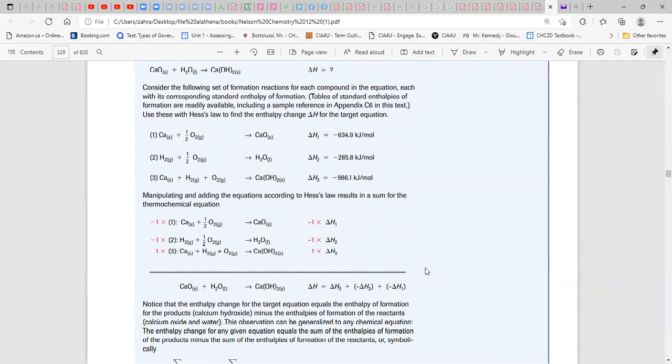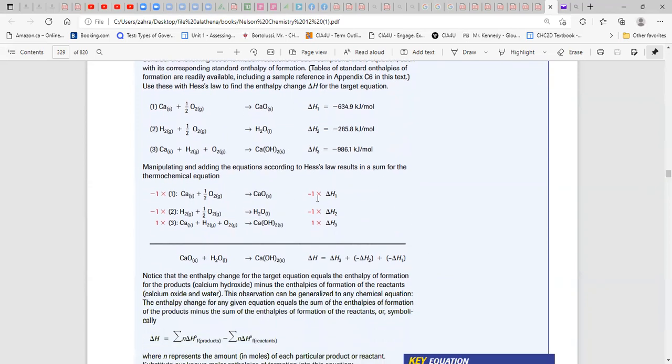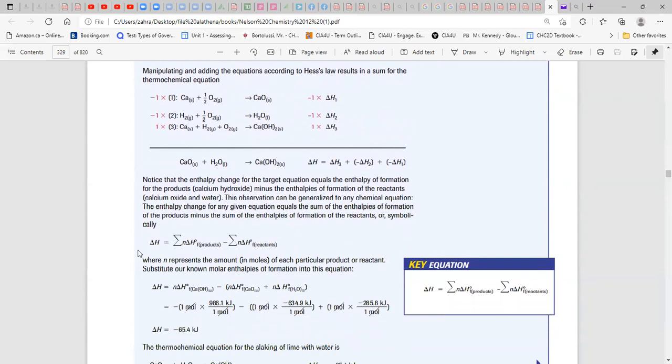So generally, if you don't want to go through these long steps, you can say that the enthalpy change of a reaction is the enthalpy of formation of the products minus the enthalpy of formation of the reactants. Make sure you multiply by n, because this enthalpy change is a molar enthalpy change.